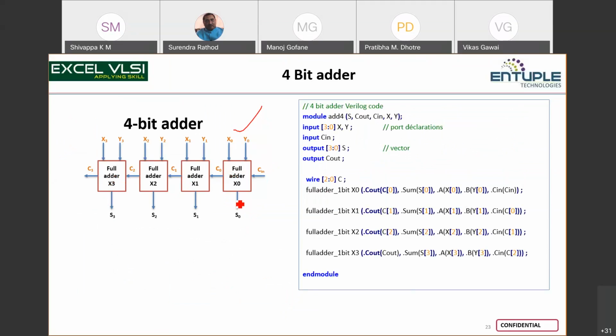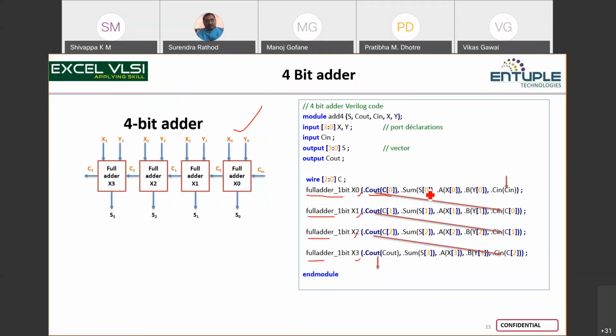So now in this circuit, I have instantiated the full adder 4 times. x0, x1, x2, x3 are the instance names. Now these are specific inputs and outputs of the 1-bit full adder, and then you are connecting accordingly. Based on how the C out is carried forward, see the C in is coming here, C out is connected here, and then this C out is connected to this, and then this C out to this, and the final C out is here.